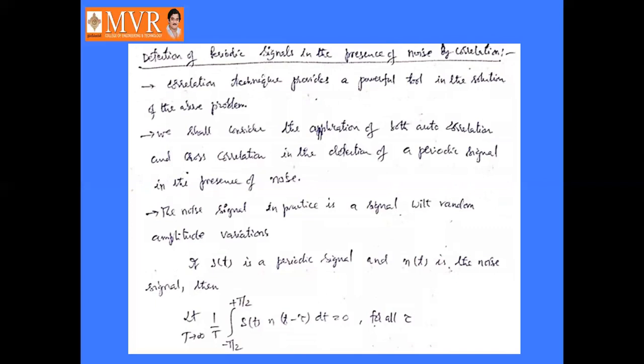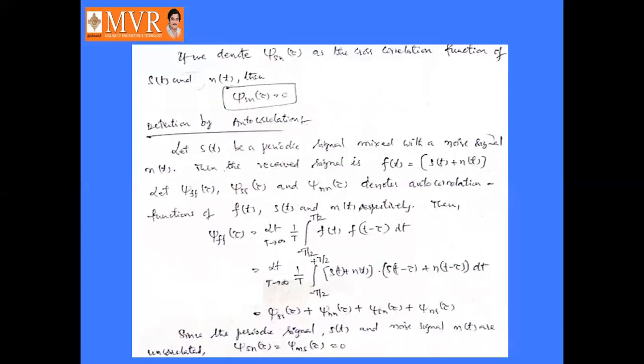If S of t is a periodic signal and n of t is the noise signal, then the limit as T tends to infinity of 1 by T into the integral from minus T by 2 to plus T by 2 of S of t into n of t minus tau dt is equal to 0 for all values of tau.